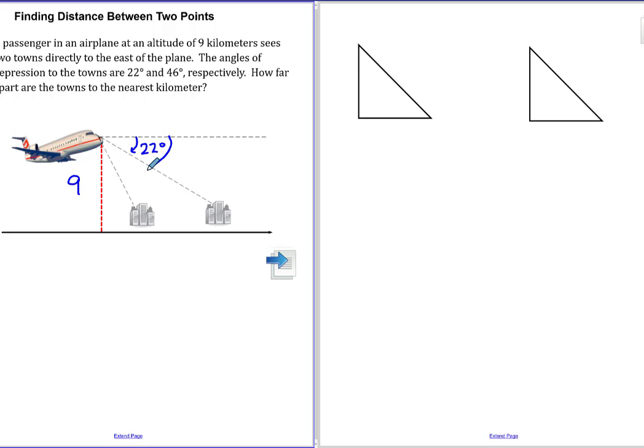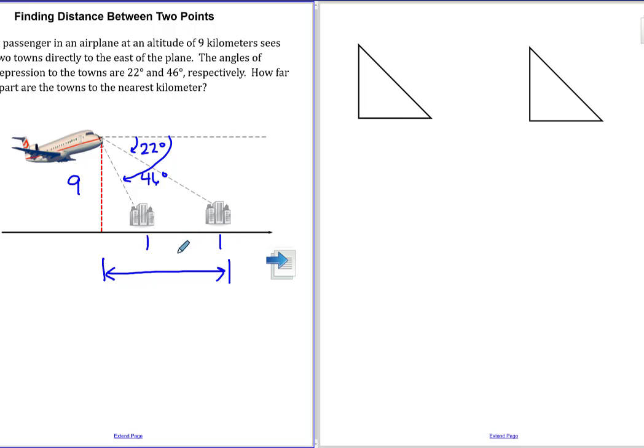So 46 degrees is this larger angle. How far apart are the towns to the nearest kilometer? So let's say we had this distance from here to here. That's our whole distance. And we want to find this distance here.